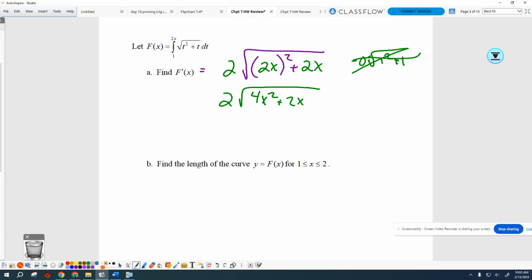Find the length of the curve. Preston, what do I set up to find the length of the curve? It's the integral of the square root of 1 plus this squared.